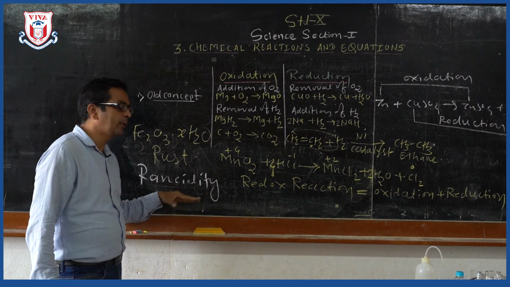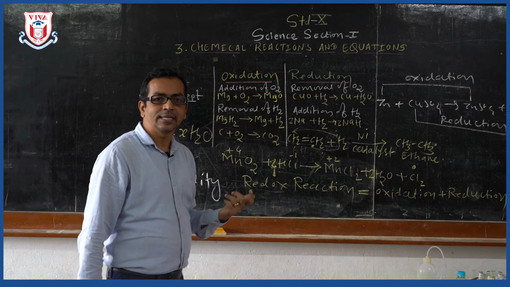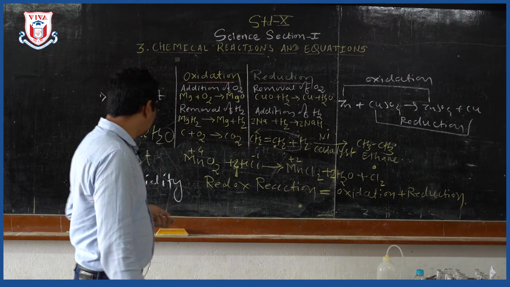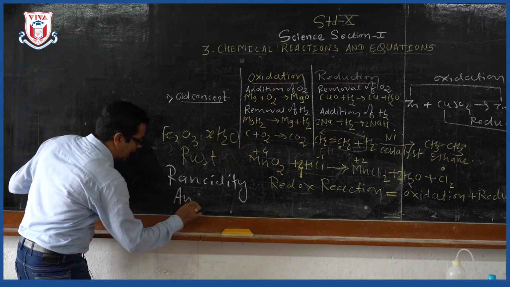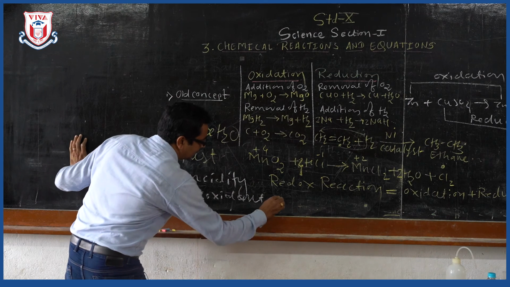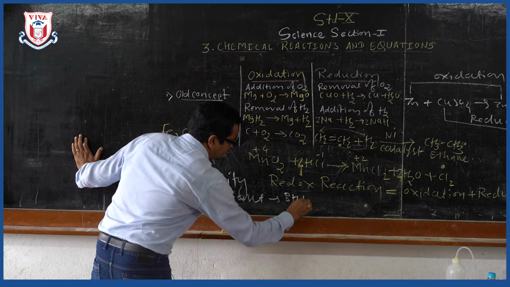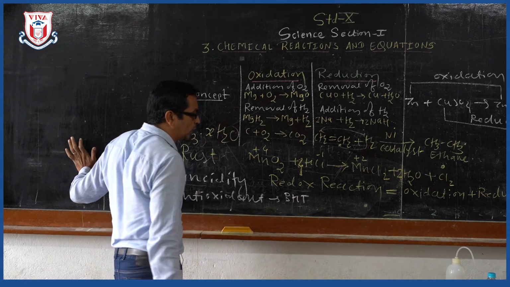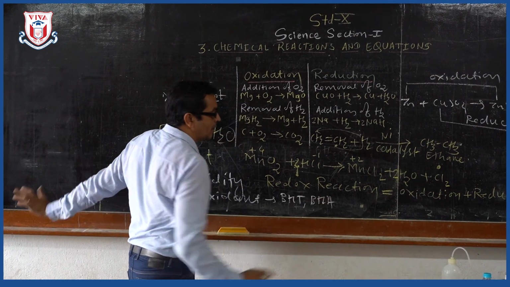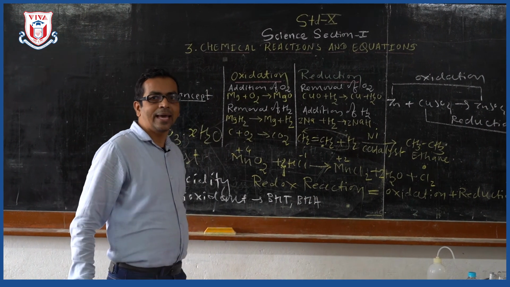So how do we prevent rancidity? Rancidity is prevented by adding antioxidants like BHT, butylated hydroxytoluene, or BHA, butylated hydroxyanisole.